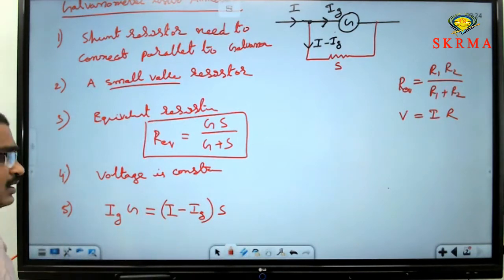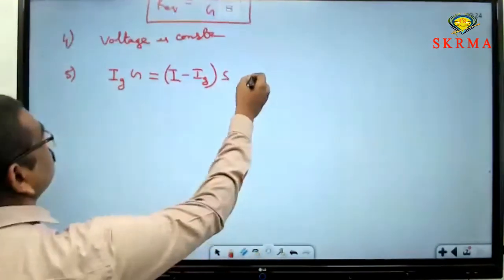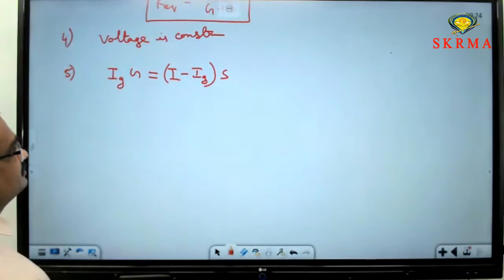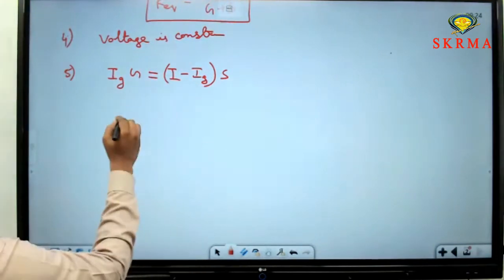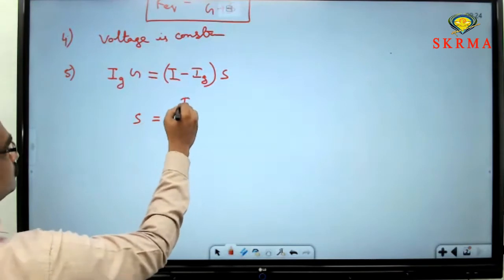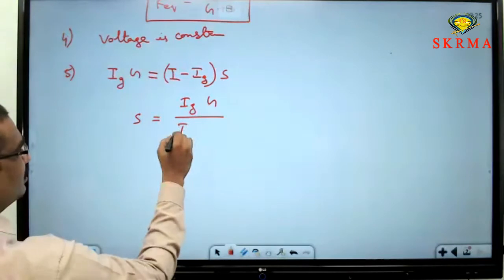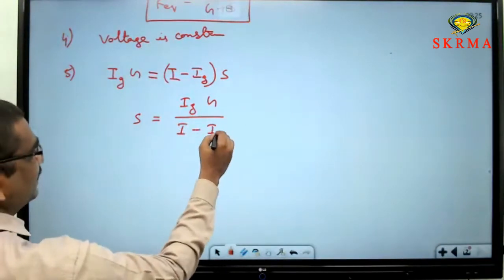Now, can you rearrange this for G or S? If they ask about the shunt resistance only, rearrange this equation for S. From this, S can be written as Ig into G by I minus Ig.